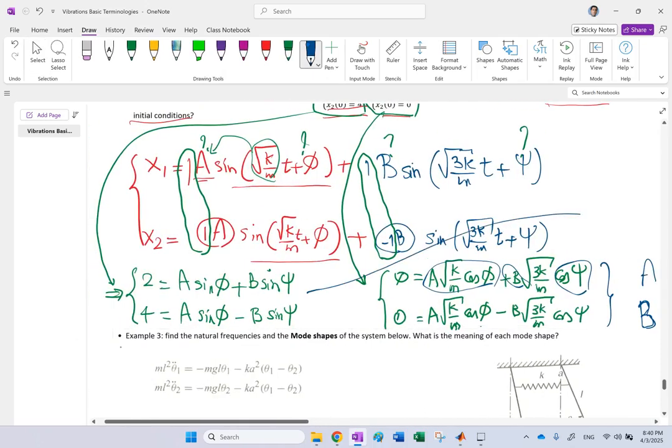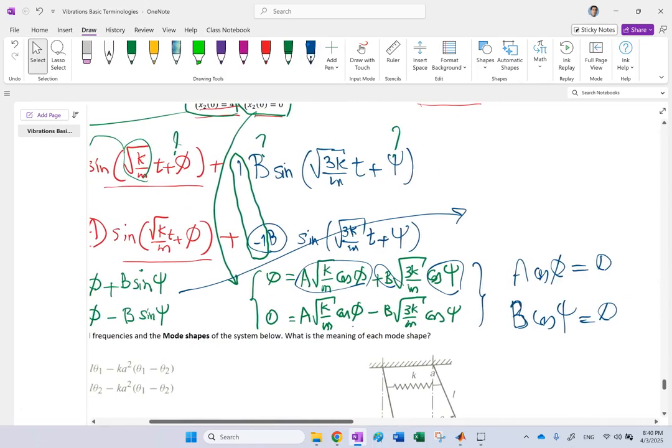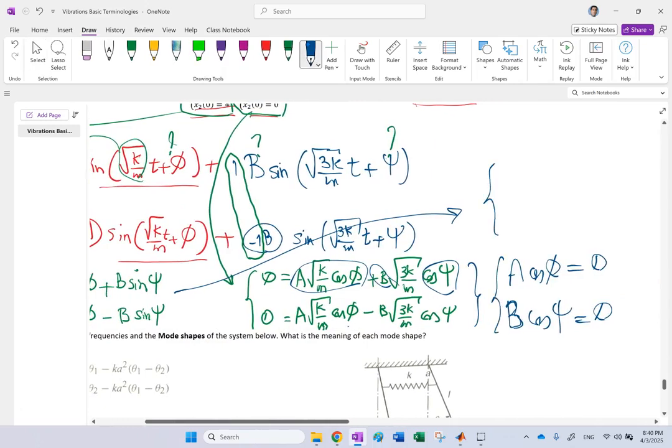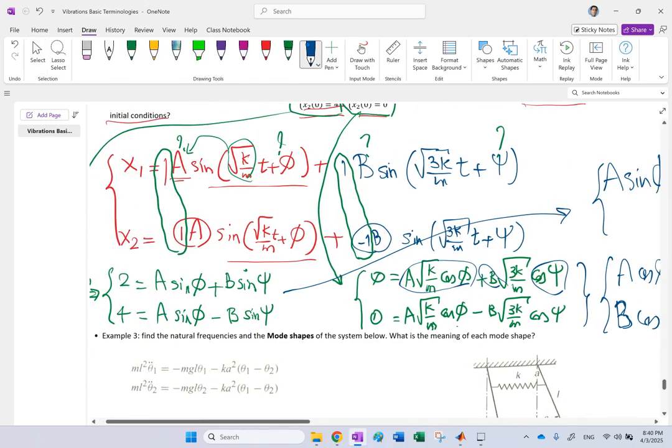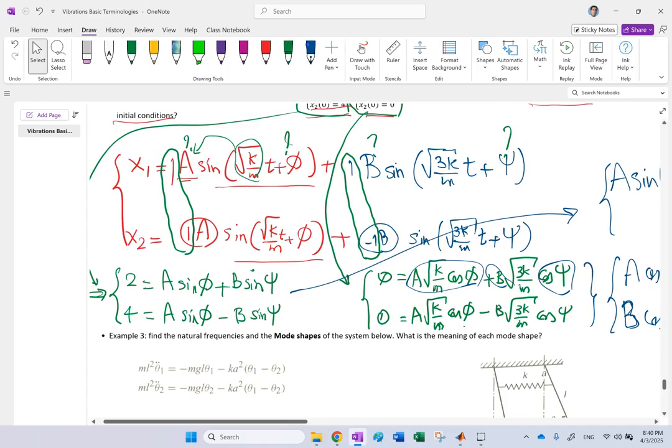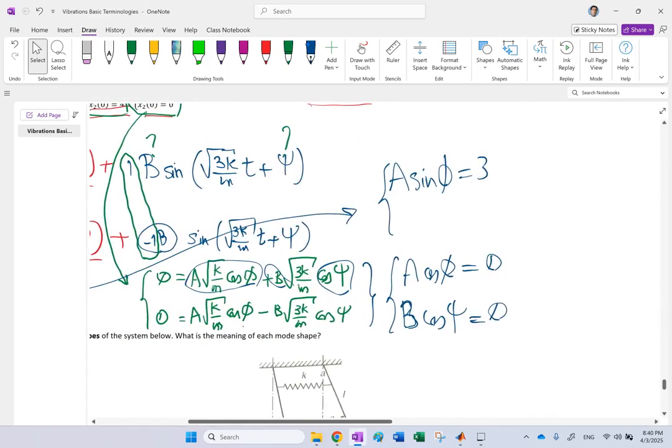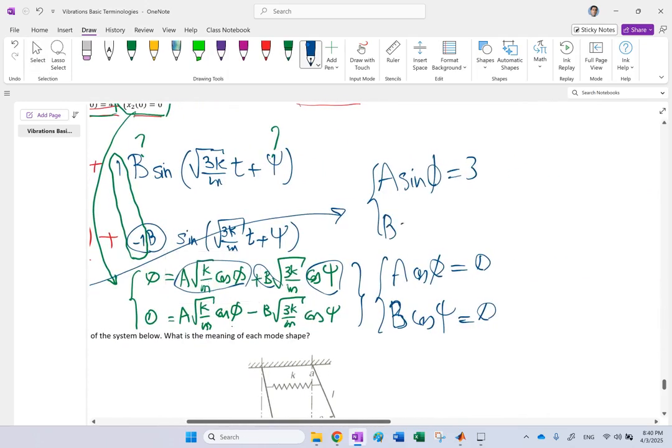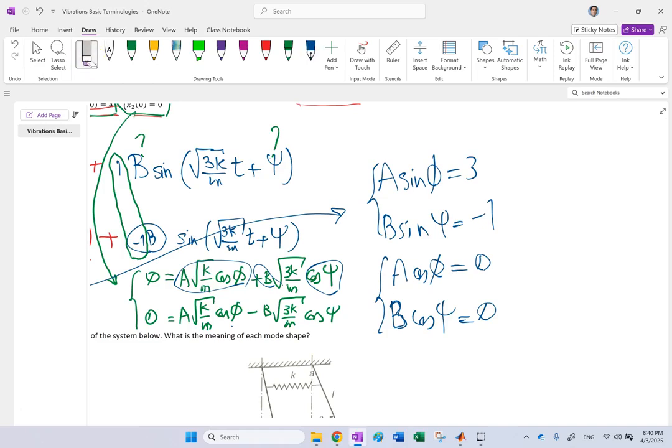So from these two, if I solve, I get a sine phi has to be 3, and if I subtract them, I'll see that B sine psi should be -1. Let's make sure. Yes. Okay, so these are the 4 things that I will get.